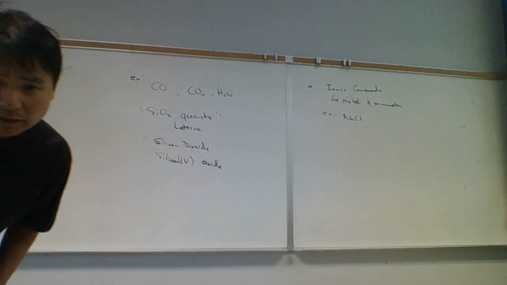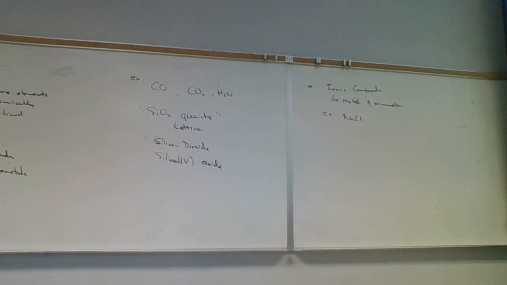Let's see what time we got here. All right, so let's get into the names. Let's first look at these non-metal compounds. Non-metal compounds are typically molecular, but sometimes non-metals could be lattice.